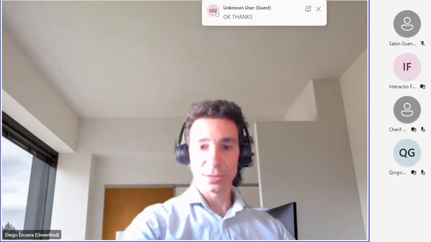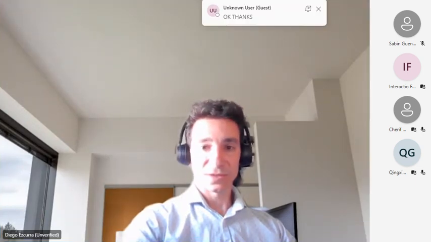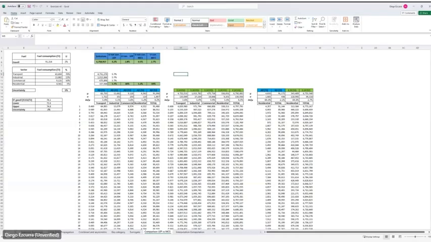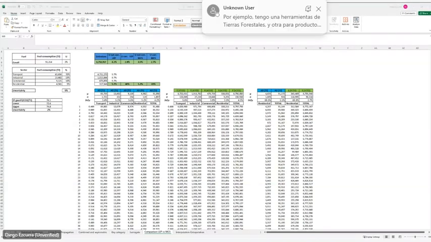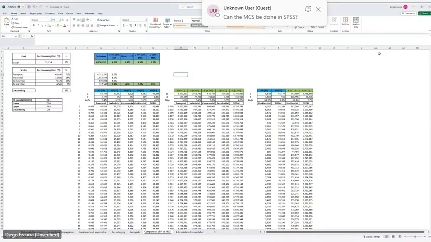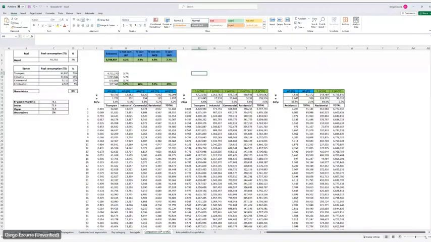I hope you can see my screen. You can, of course, see your own Excel file. Yes, we can see your screen, but can you make it a bit wider? Yes, I can zoom in a little.